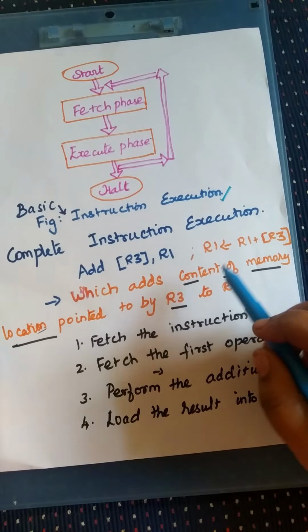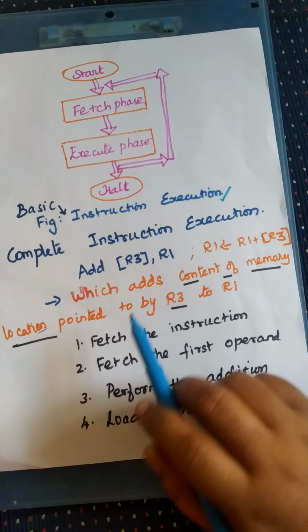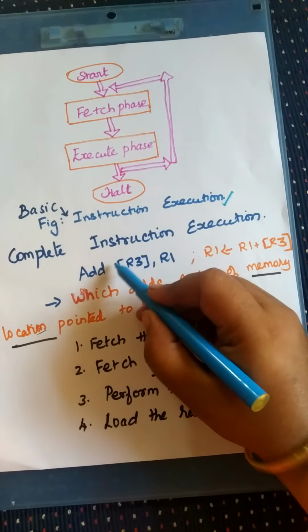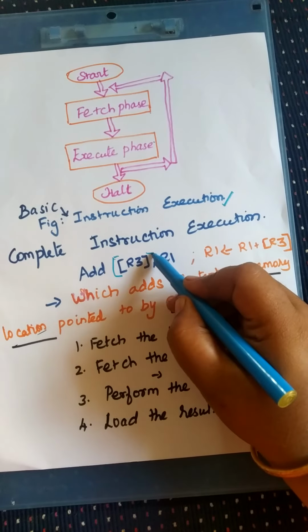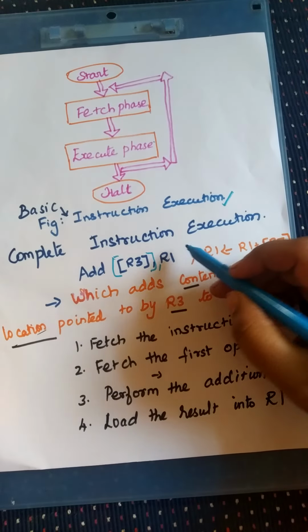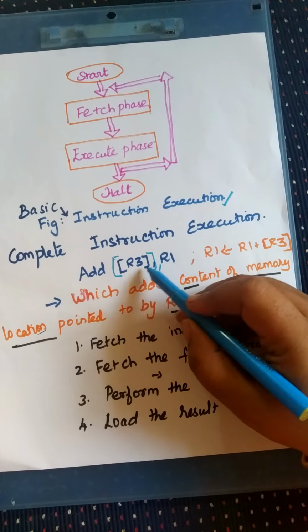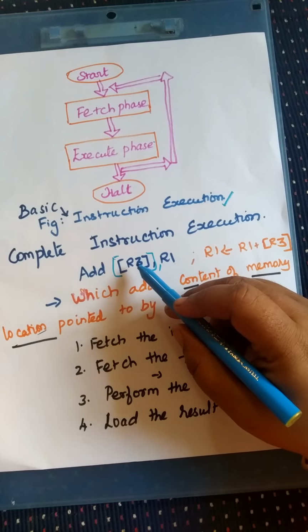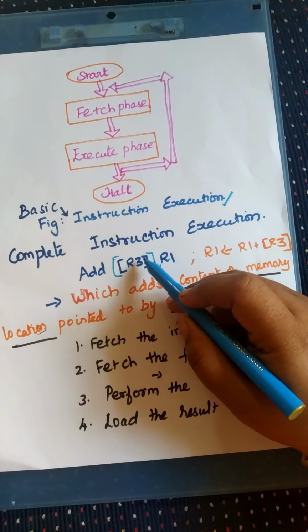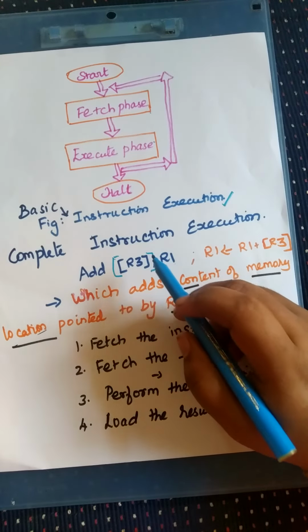Complete instruction execution: Add [R3], R1. The double square bracket means the memory location pointed by the address loaded into the register R3.